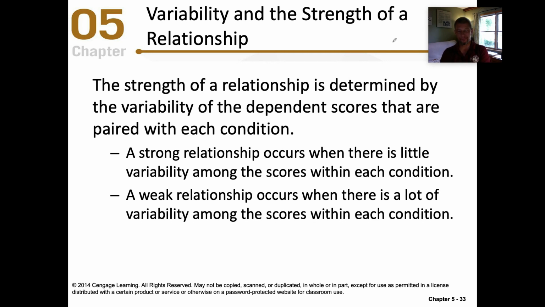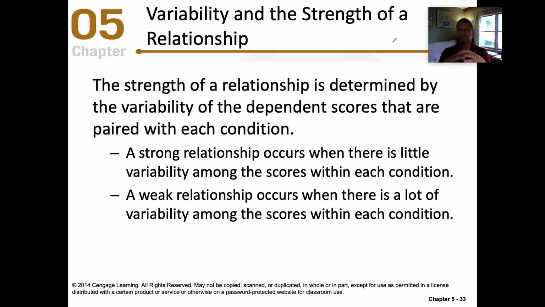So the strength of a relationship is determined by the variability of the dependent scores that are paired with each condition. In other words, a strong relationship occurs when there is little variability among the scores, and a weak relationship occurs when there's a lot of variability amongst the scores.